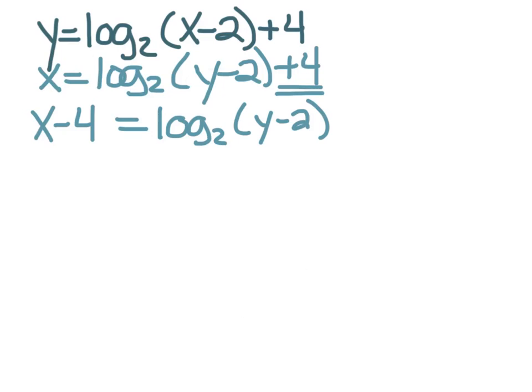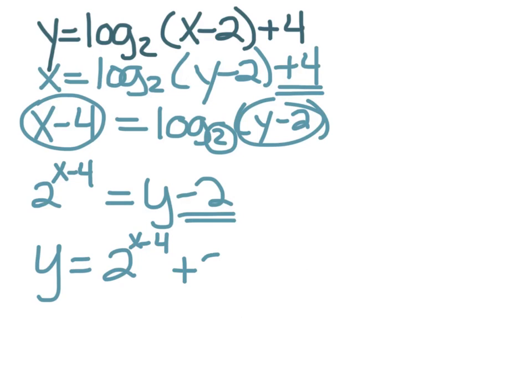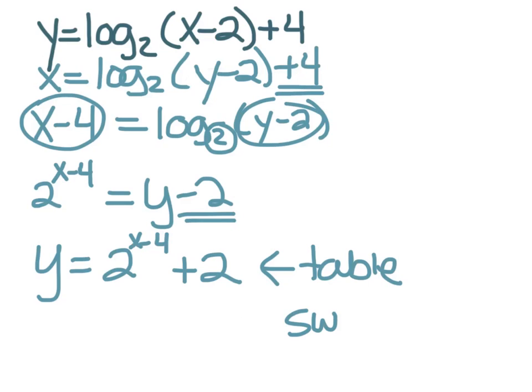Then I'm going to rewrite it as an exponential. 2 raised to the x minus 4 power equals y minus 2. And then I'm going to add 2 to the other side. So I'll have y equals 2 to the x minus 4 up here, and then plus 2 down here. And then I would just make a table for that, and then switch x and y.